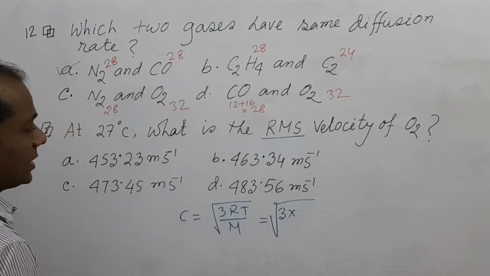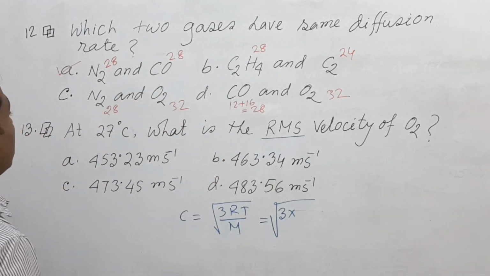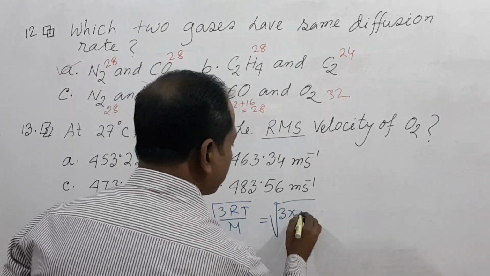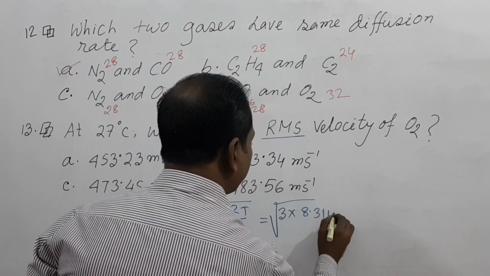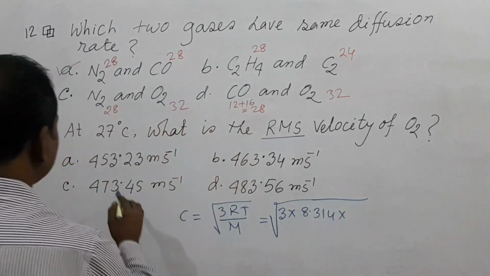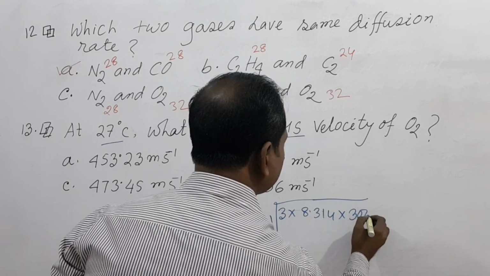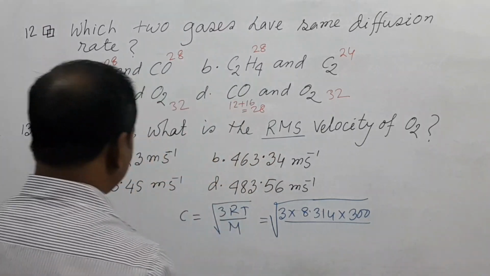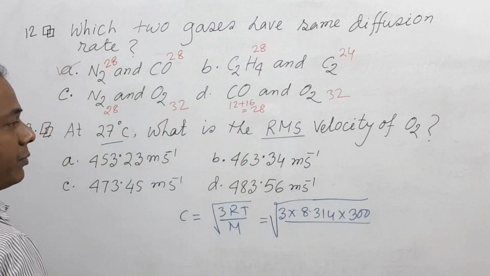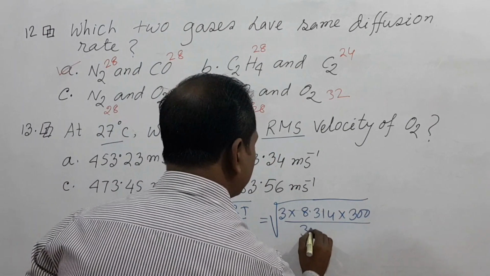Here we write 3 into molar gas constant R equal to 8.314 into temperature, given 27 degrees centigrade, that means 300 Kelvin, and molecular mass of oxygen 32.